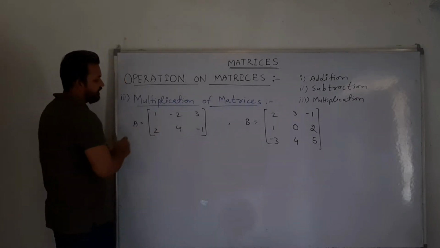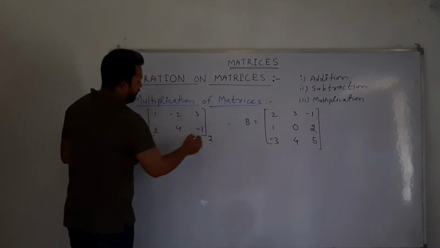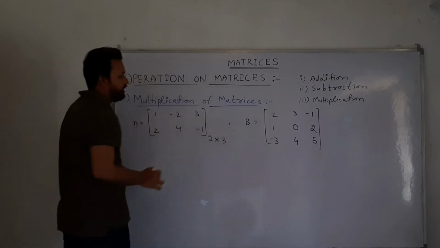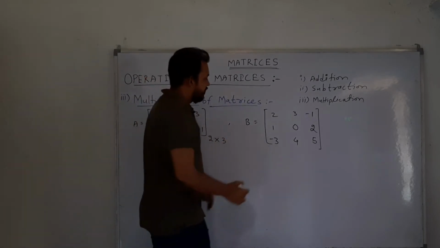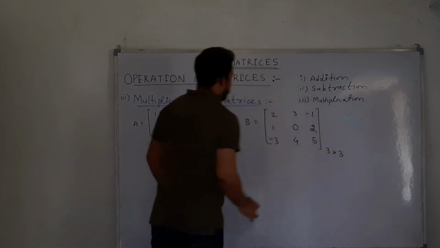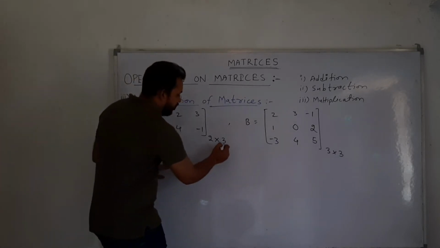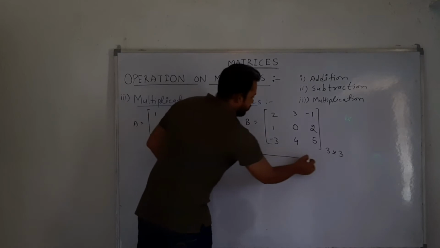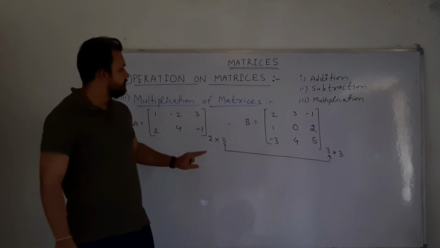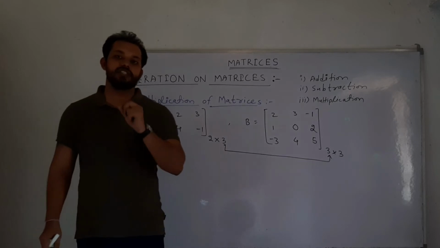The order of this matrix: it has two rows and three columns, so its order is 2 cross 3. And this matrix has three rows and three columns, so its order is 3 cross 3. Now we can easily check that the number of columns in this matrix is equal to the number of rows in the second matrix. Hence, these two matrices satisfy the necessary criteria for their multiplication.